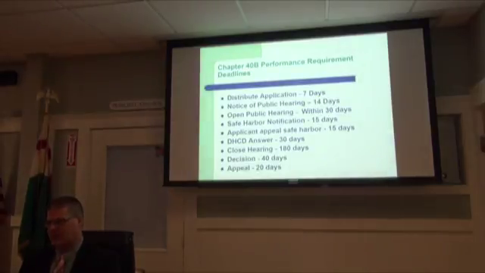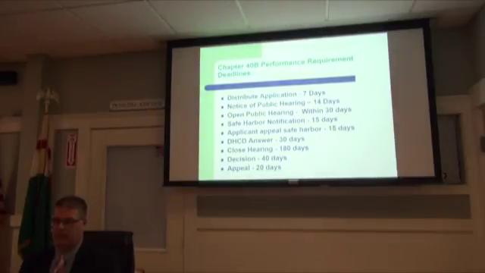That's not really a significant deadline. That's 7 calendar days? Yes, but that's really more of a suggestion in terms of when the town should inform the rest of the boards in town and the departments. You're not going to get into any trouble if you do it on the 8th day or the 10th day.